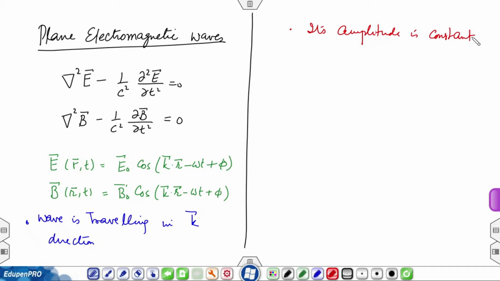Without any loss of generality, I can take k to be equal to k z, that is the propagation direction is z, so that I do not have to write the vector sign all the time.